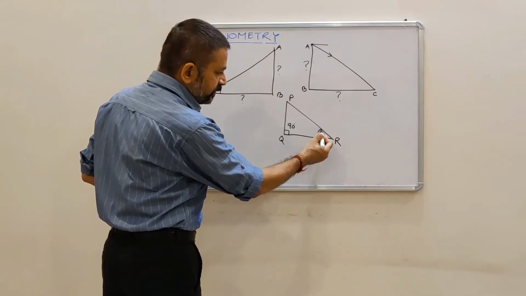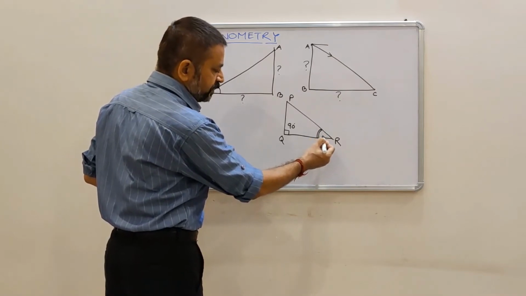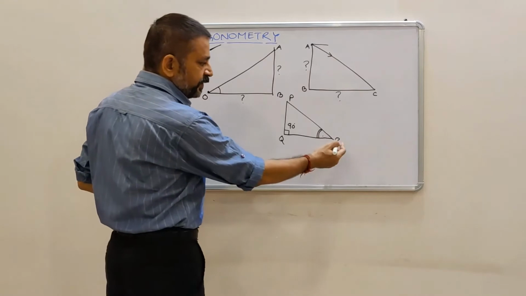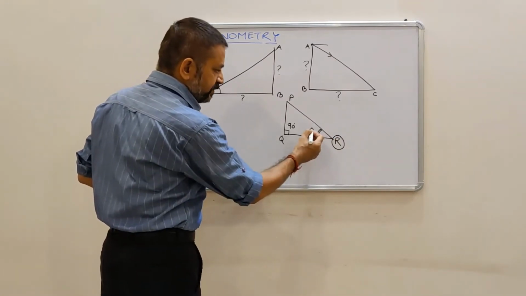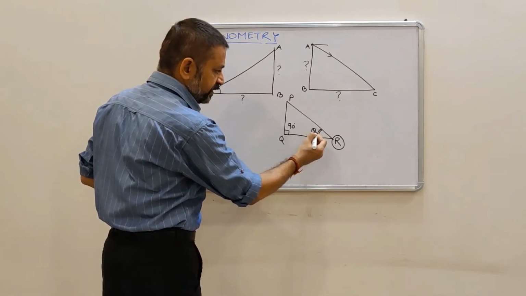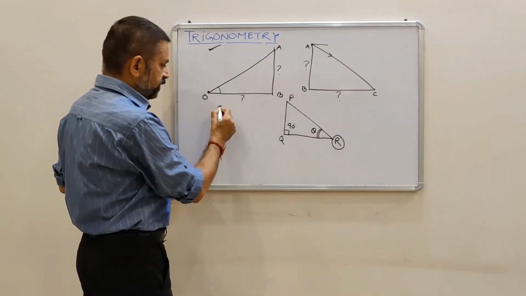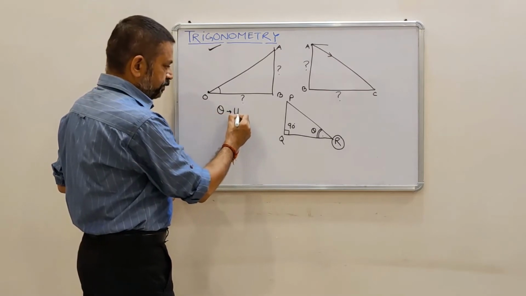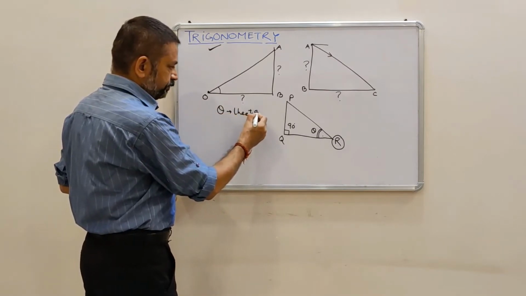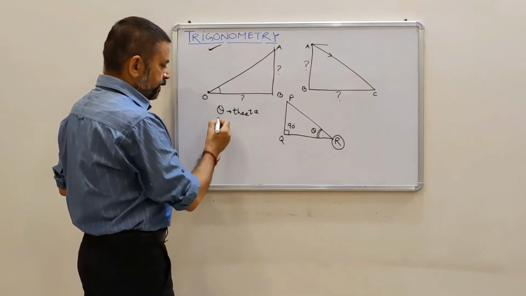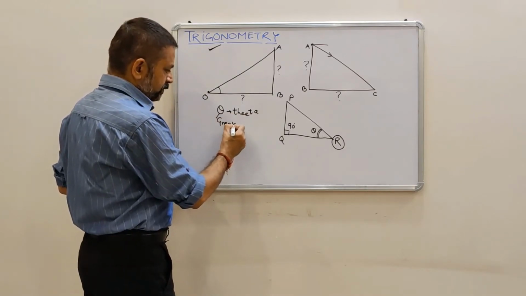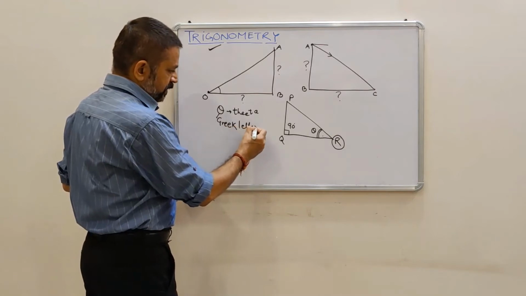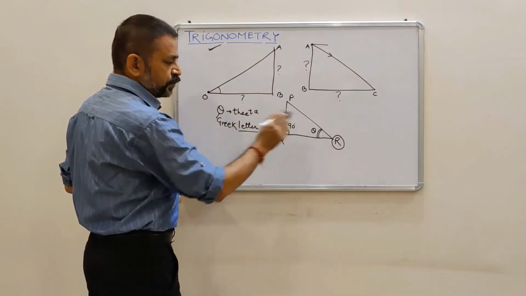Suppose this is my angle of consideration, I am using this angle R and giving it a name, say theta. Theta is a Greek letter, and we give this symbol to angles.